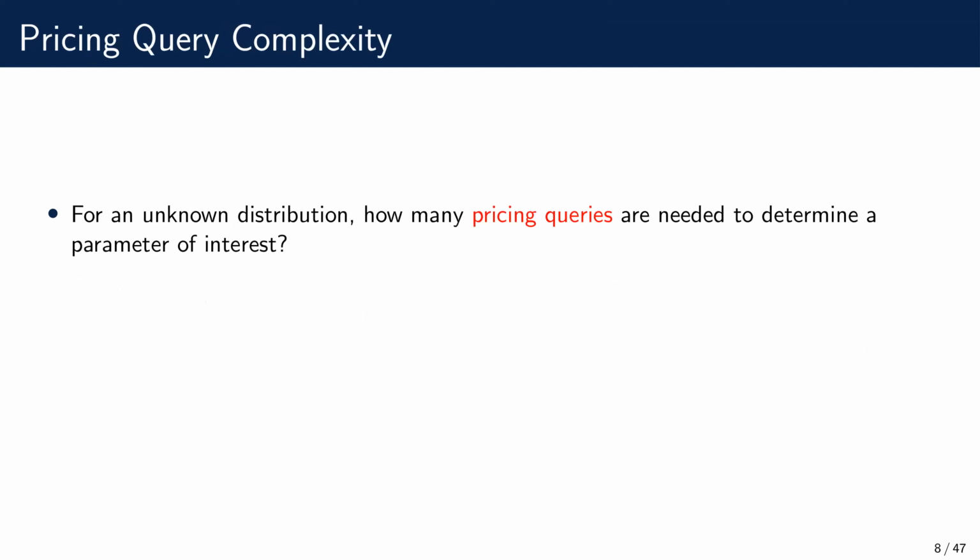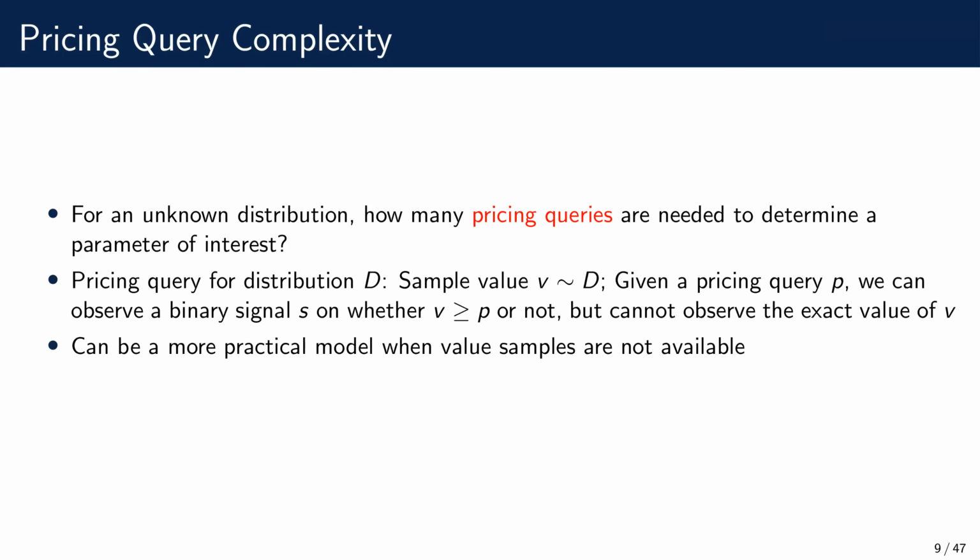Now we introduce the model I want to discuss today, the pricing query complexity model. Specifically, for a known distribution, we want to ask how many pricing queries are needed to determine the parameter of interest. Note that compared to the sample complexity model, the major difference is that we replace the samples by pricing queries. A pricing query is defined as follows.